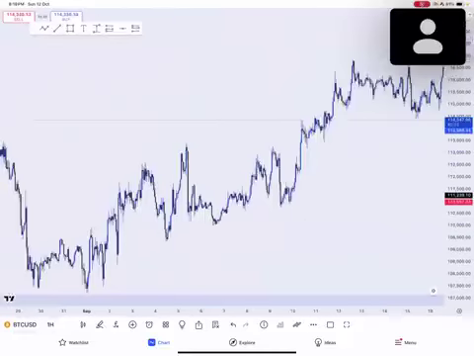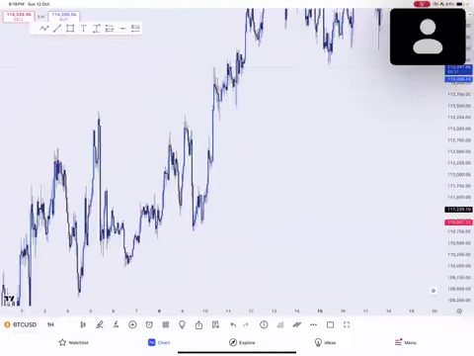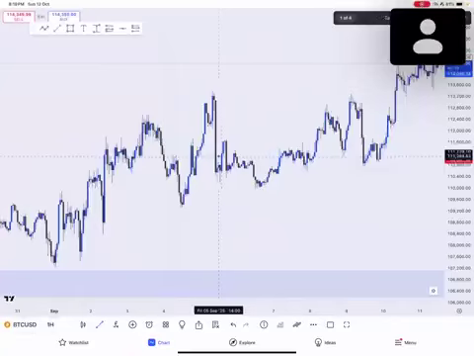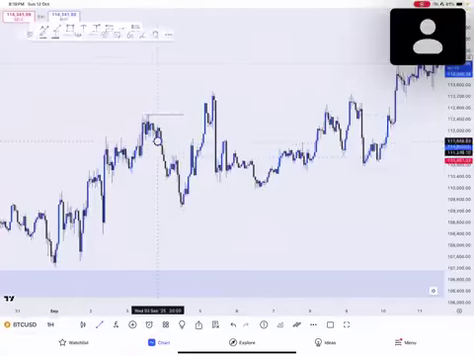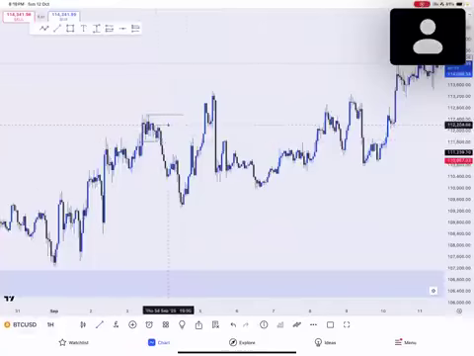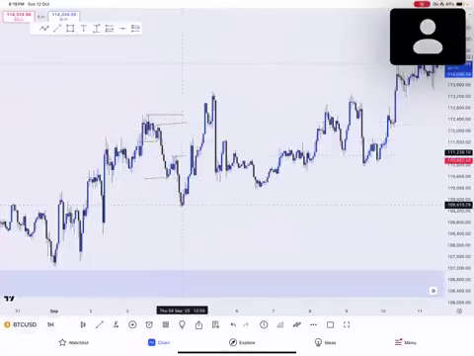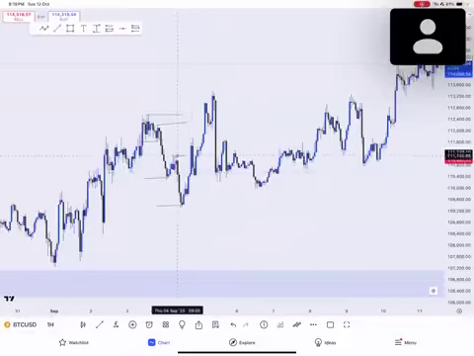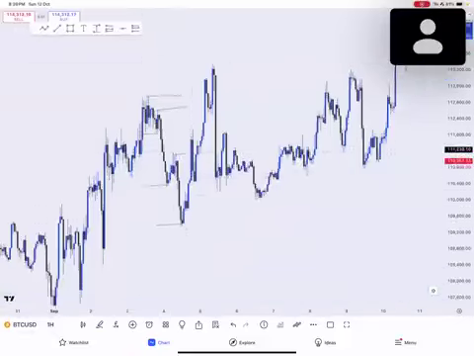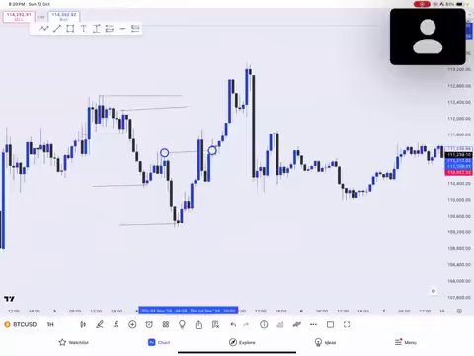Here, in this zone, the market was on this downtrend, giving us lower highs, then lower lows, lower highs, then lower lows, lower highs, then lower lows, and eventually price took this high out, giving us a market structure shift. The moment that happened, we already got the first part of the strategy.